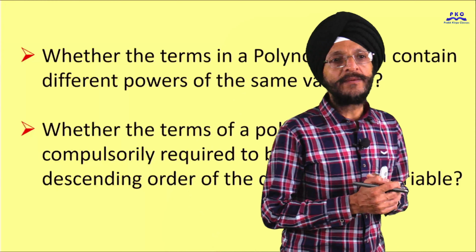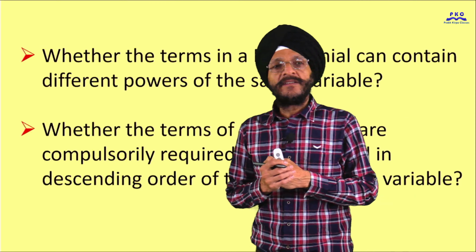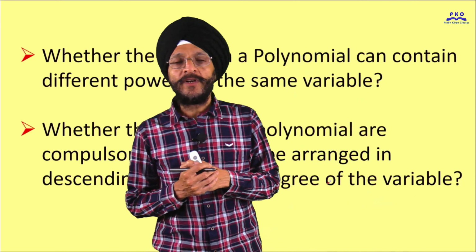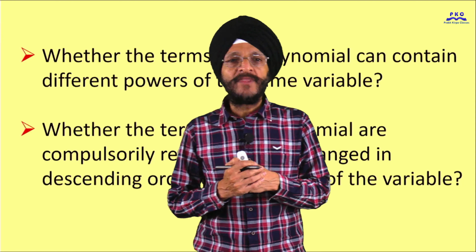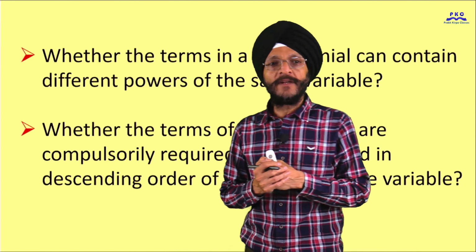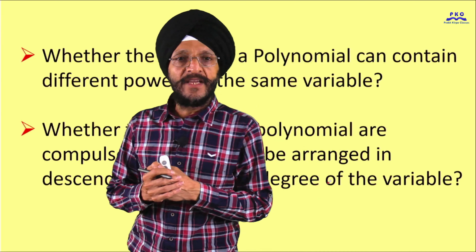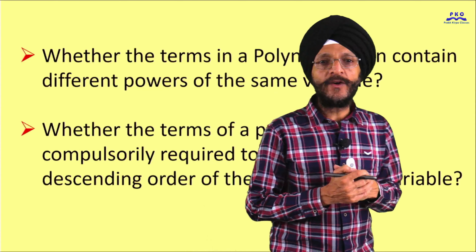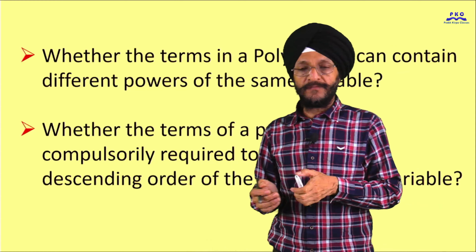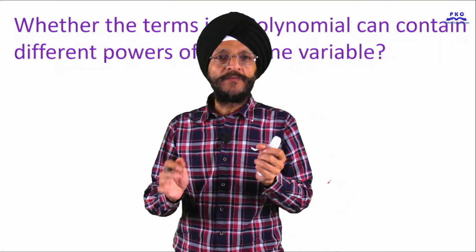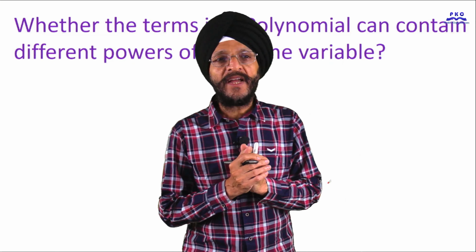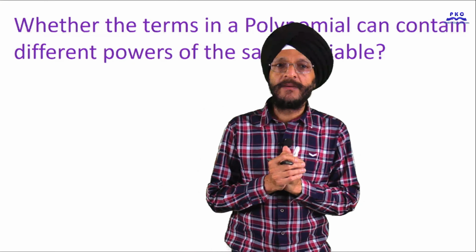Now the question before us is whether the terms in a polynomial can contain different powers of the same variable, and another question is whether the terms of the polynomial are compulsorily required to be arranged in the descending order of the degree of the variable. Now the first question is whether the terms in a polynomial can contain different powers of the same variable.